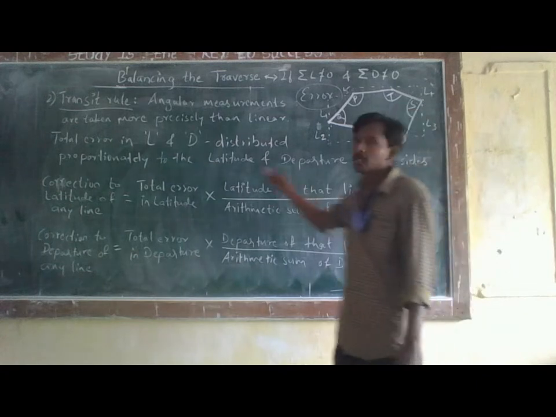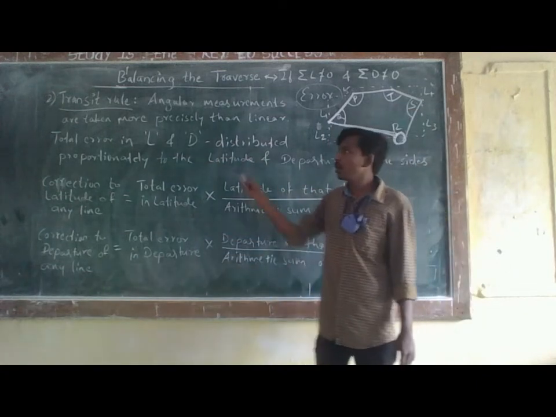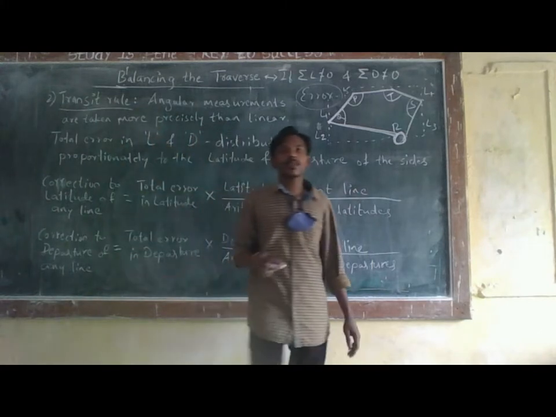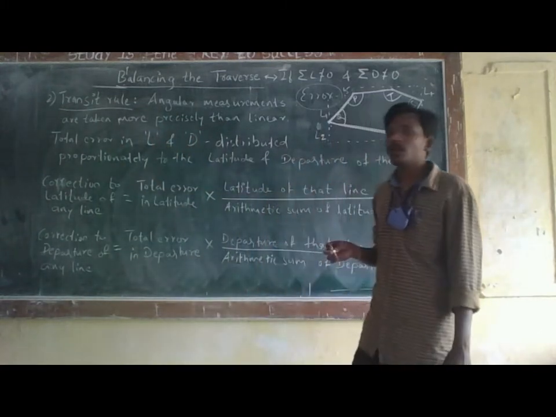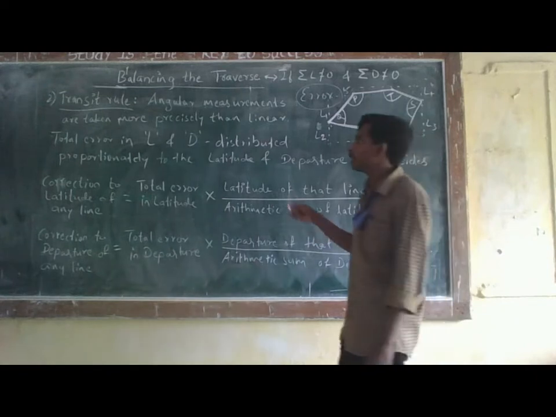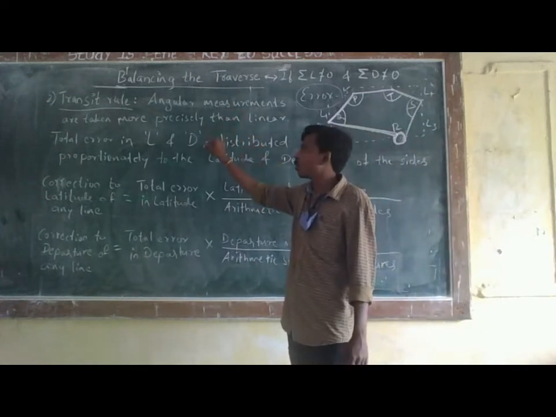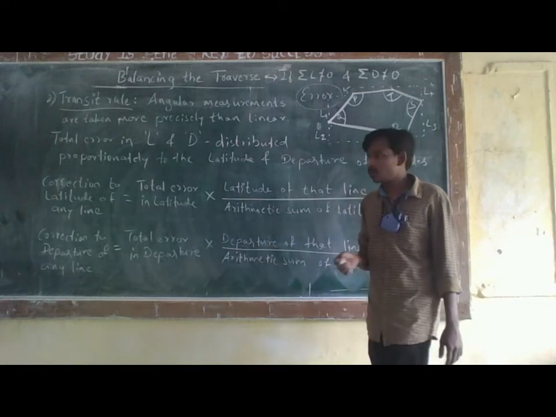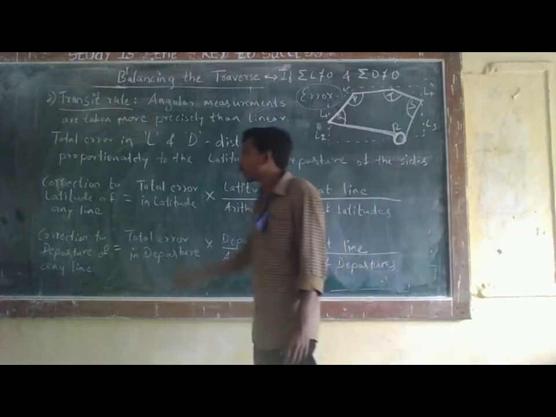So this is the second difference between transit rule and Bowditch's rule. If the question asks you to write the difference between Bowditch's rule and transit rule, then these two points will help you, and you have to write the formulas also. So now let's go to the formula.